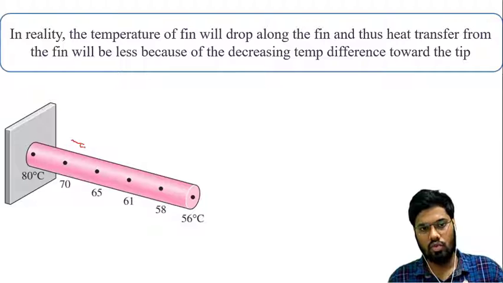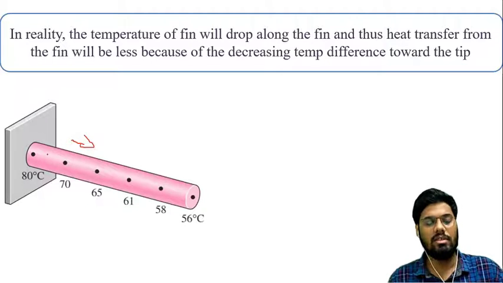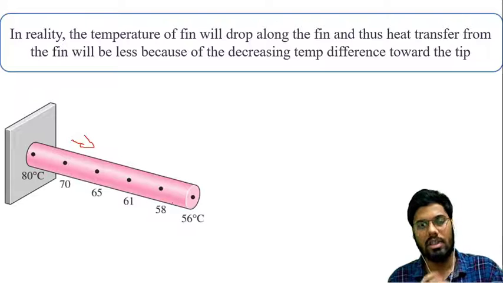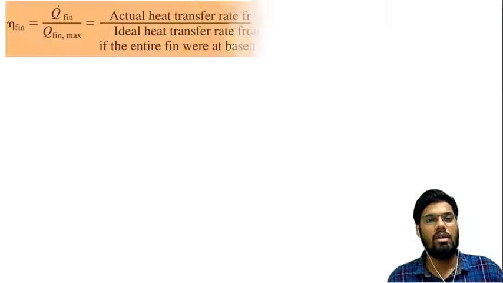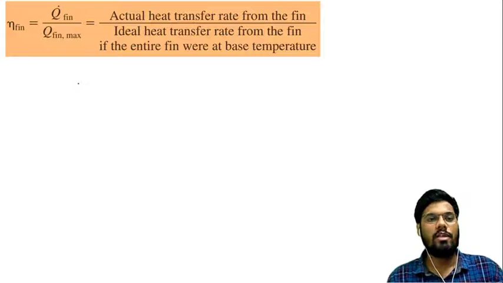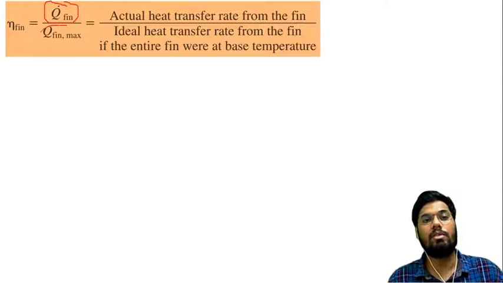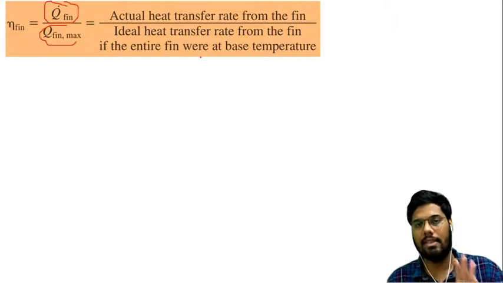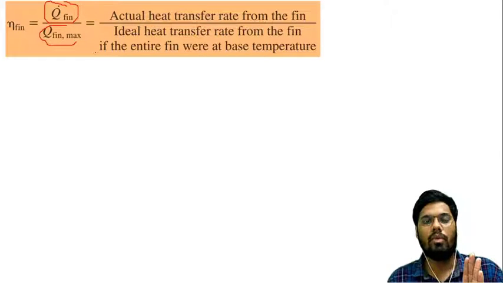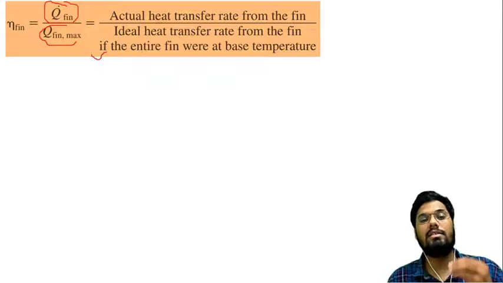So these two reasons are mainly responsible for the temperature drop along the length of the fin. So the efficiency of a fin is the ratio of the actual heat transfer rate of the fin to the maximum heat transfer rate possible for any fin, which is the ideal heat transfer rate if the entire fin were at the base temperature. This happens when the conductivity of the fin material is considered infinite.